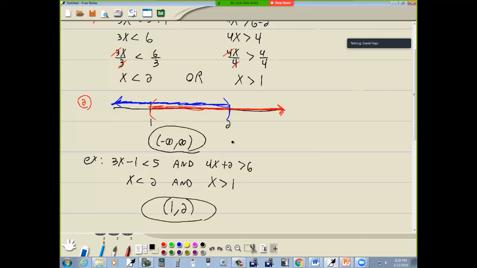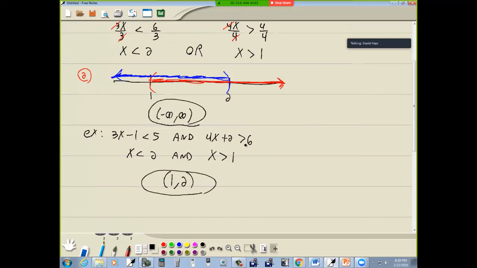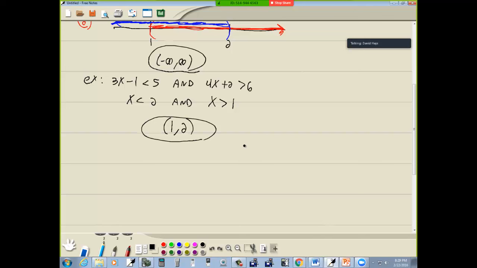Now let me show you one example where we look at the graph and then write down what the answer is, because there's something additional I need to show you. If I graphed a problem, and let's say that's 2, and it's going this way, and let's say this over here is 5, and it's going in this direction. And this is an OR problem.